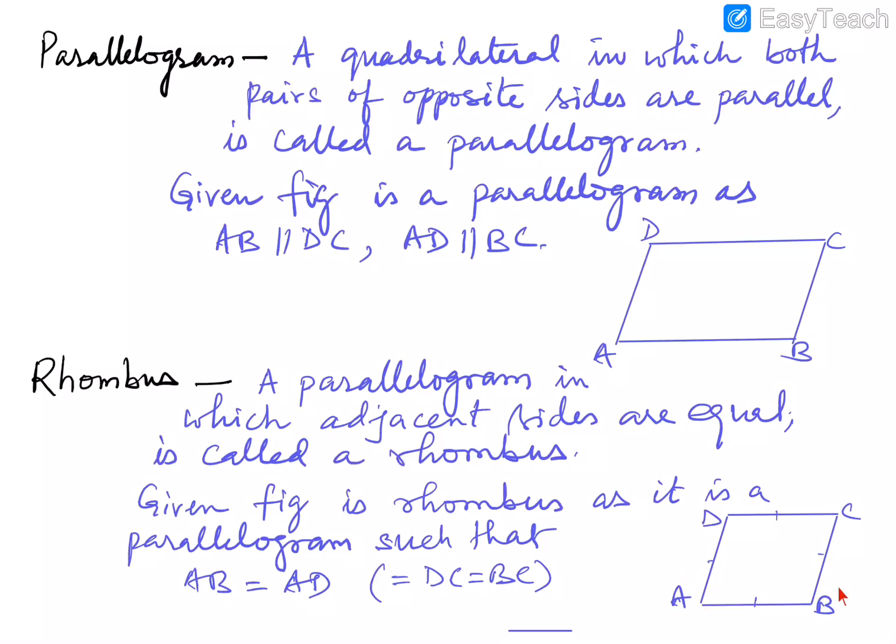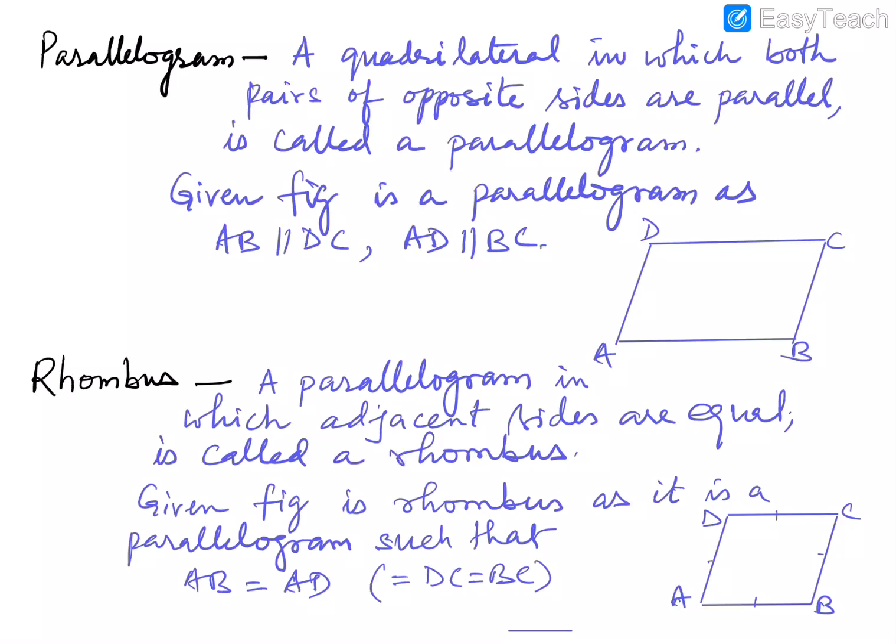These are adjacent sides which are equal. When we say adjacent sides of this parallelogram are equal, and this is a parallelogram, this side will be equal to this side and this side will be equal to this side. It means all the four sides become equal.